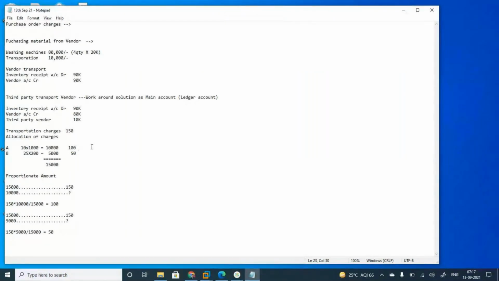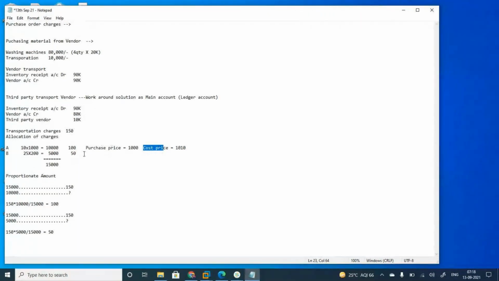In this, purchase price is 1000, cost price is equal to 1010, because it is 10,100 divided by 10, it is 1010. Cost price will be arrived at based on these charges.